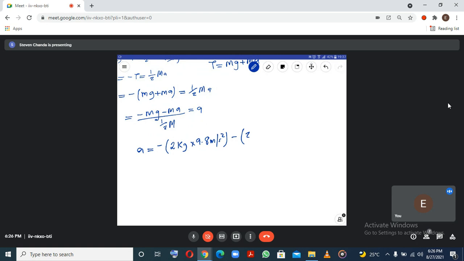Oh, sorry. Not yet. There is no way we can solve when that other side has got the acceleration that we don't know. So we have to make this come this side, right? Yeah, sorry about that.